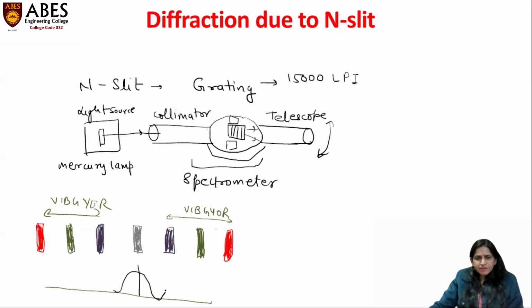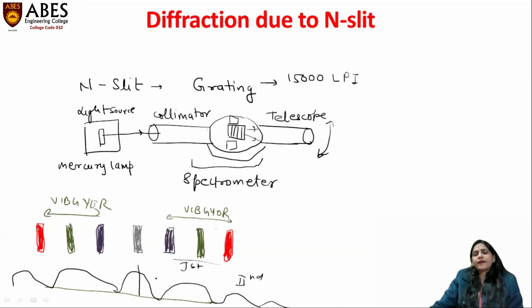Then there is a maxima, and then another maxima. The one I have drawn is of the first order, and similarly we will get the second order on both sides, the same sort of pattern on both sides. This pattern we are going to study theoretically in diffraction due to N slit.